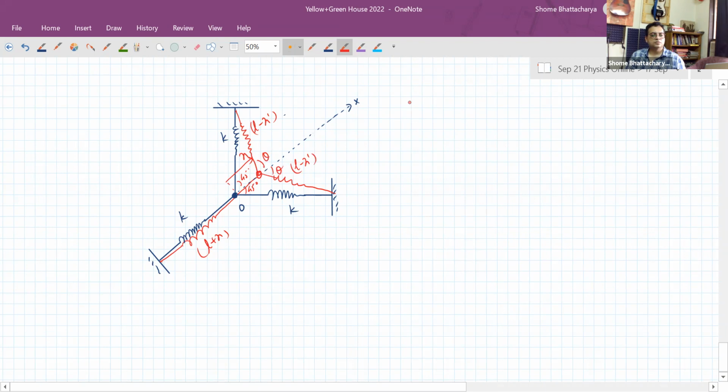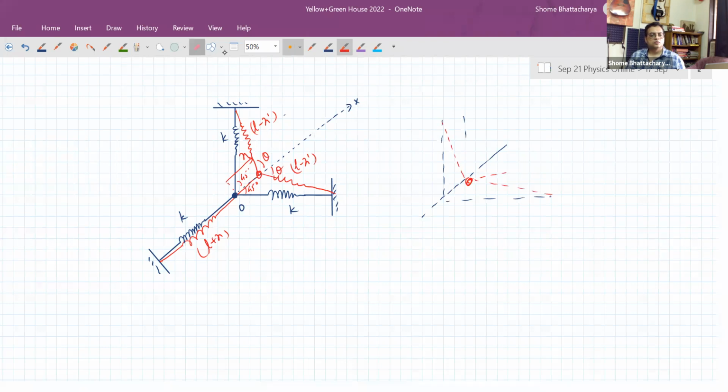Theta would have become like this. So the net force on this object at this point of time would have become like this, but we'll have to do some approximation for that x being a small displacement. But anyhow, let's understand first.